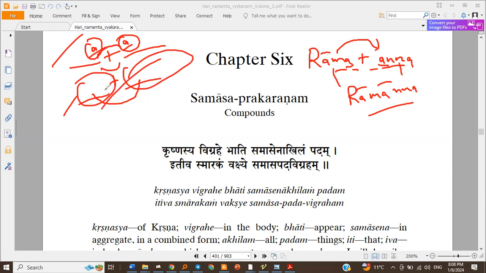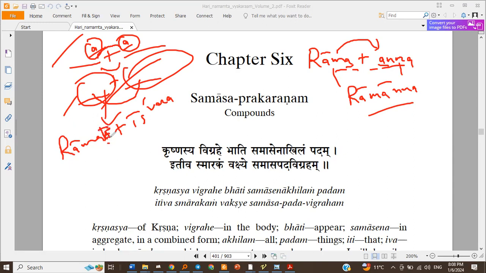And in Samasa, Sandhi can happen. Because Sandhi is all pervading, as we studied, Sandhi can happen anywhere and everywhere. For example, Rameshwara. So Rama, Ishvara. Basically, it was Ramasya Ishvara, like according to Vaishnava philosophy.